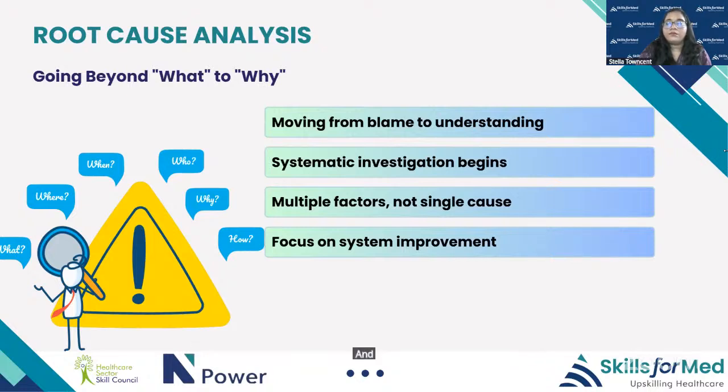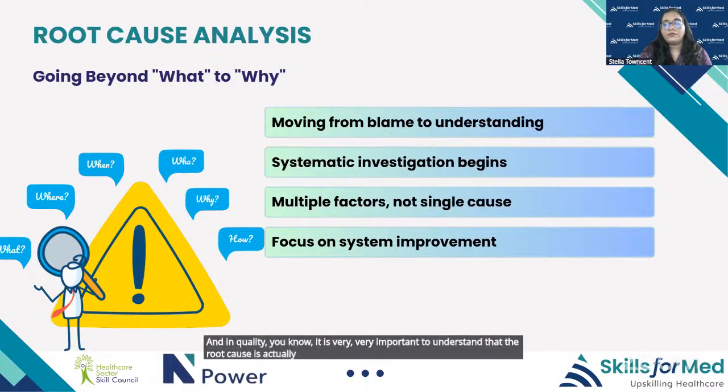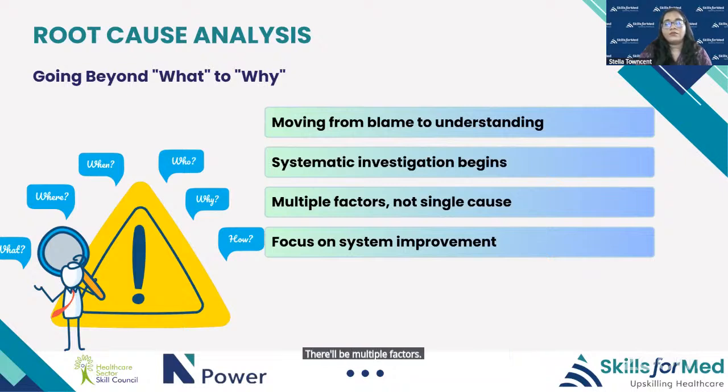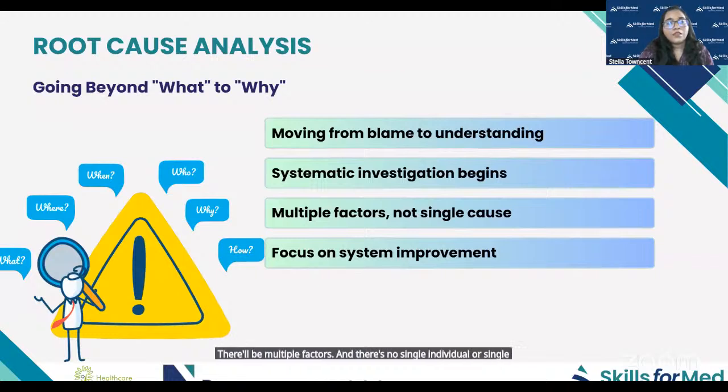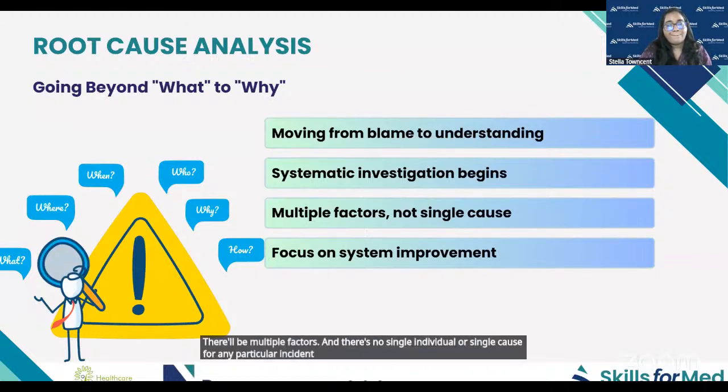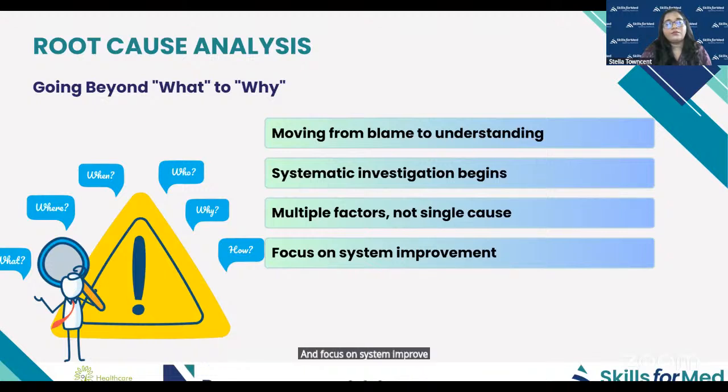In quality, it is very important to understand that the root cause is usually a system failure. There will be multiple factors, and there is no single individual or single cause for any incident. So we have to look at all of them and focus on system improvement. That is what I thought we would do first, looking at this incident. Next slide.